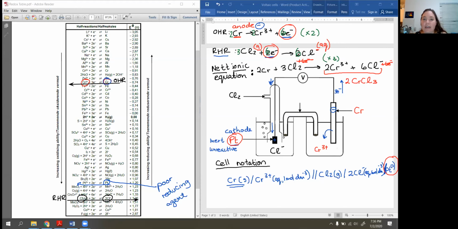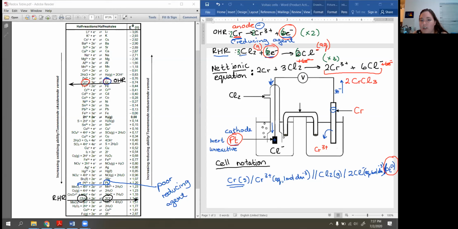Now, the inert electrode, please remember, is not doing anything else. The inert electrode is there. It's not going to change what the oxidation half reaction is or the reduction half reaction is. It's not going to change the fact that this over here is my reducing agent, because my reducing agent is oxidized.